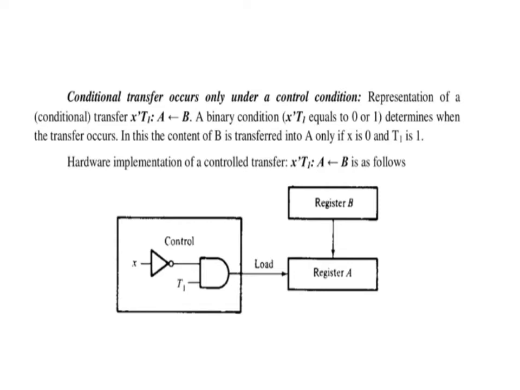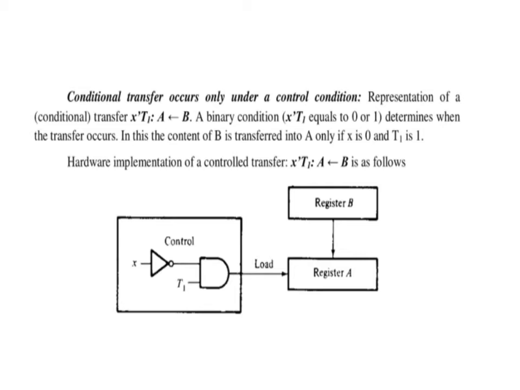In order to transfer data from one register to another, we use conditional transfers, which can be represented as X'T1: A ← B. It means that at the control condition X'T1, the content of register B is moved to register A. Here the binary condition X'T1 can be either 0 or 1, and it determines whether the transfer occurs.